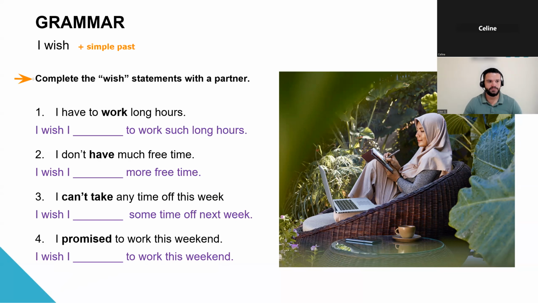It says complete with a statement with a partner. Okay, I'll do the first one as the example. I have to work long hours. I wish I didn't have to work such long hours.